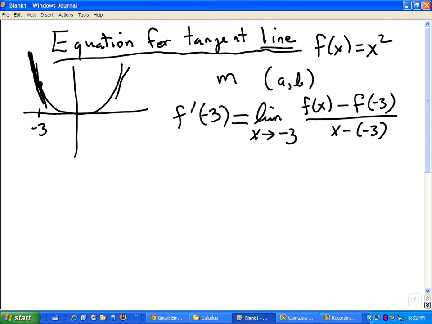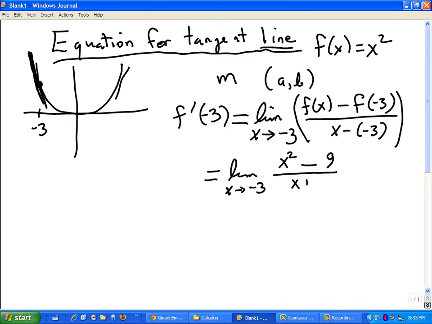It is a difference quotient, delta y over delta x. Now you just substitute in: the limit as x approaches -3 of f of x, which is known to be x squared, minus f of -3, which means -3 squared. -3 squared is 9. Divided by x minus -3, well, that's x plus 3.